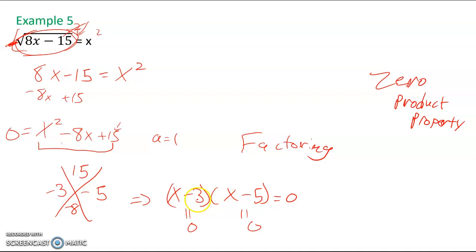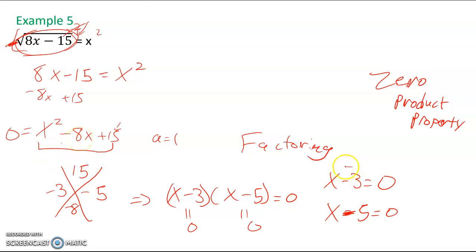So that's what we're going to do. We're going to set x minus 3 equal to 0, and then we're going to set x minus 5 equal to 0, okay? Because if one of these is equal to 0, then the whole product is going to be equal to 0, and that's what we're looking for, the numbers that make this whole equation equal to 0.